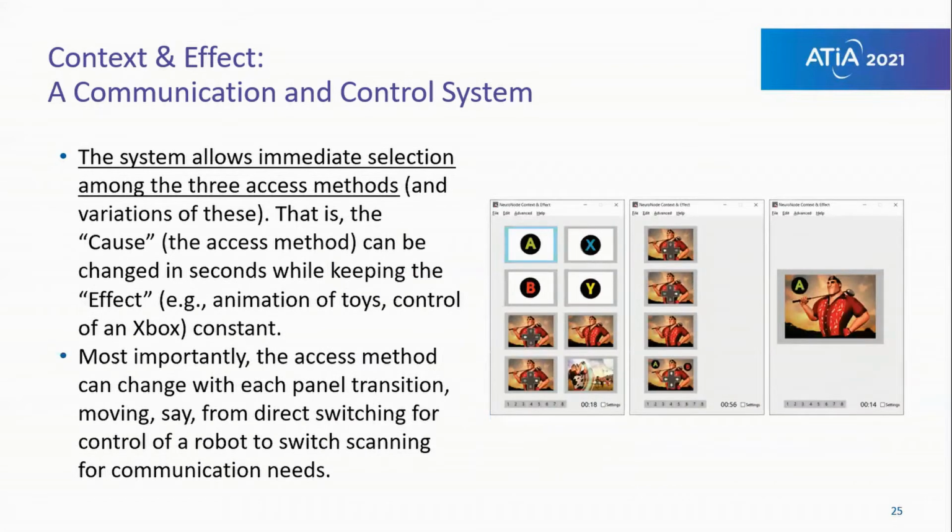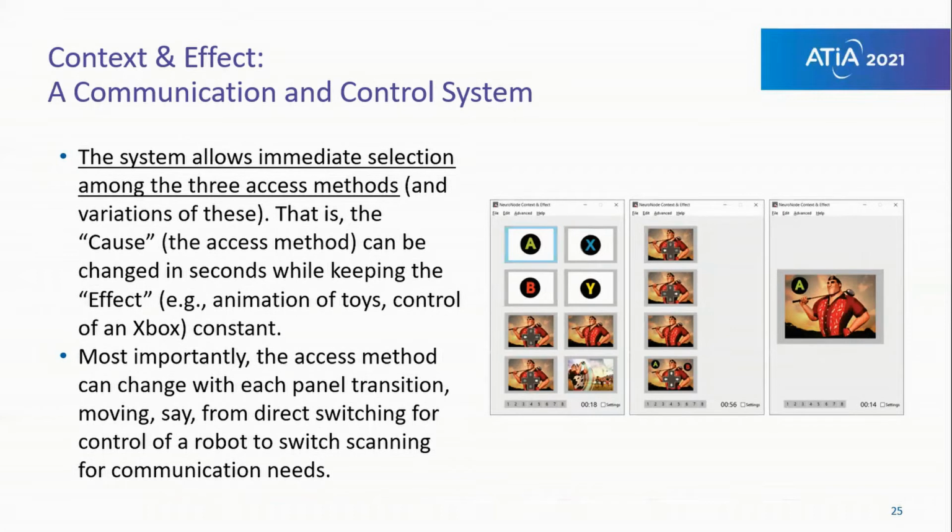An important part of this is as you transition from one panel to the next, you can change your access method. And you'll notice, for instance, on the golf game, I did this where I went from switch scanning, where it's scanning through 8 possibilities, 6 of them being switch outs, the other 2 being one to go to navigation for playing, and the other going back to the launch screen for the game, to abbreviated versions of switch scanning, to ultimately a panel where there's a single button where you're controlling something in very strict real time, in this case, a golf swing.